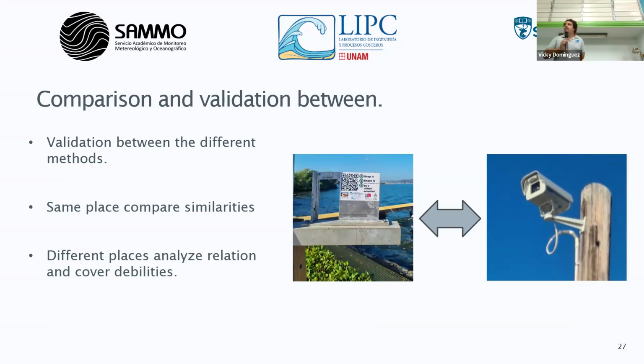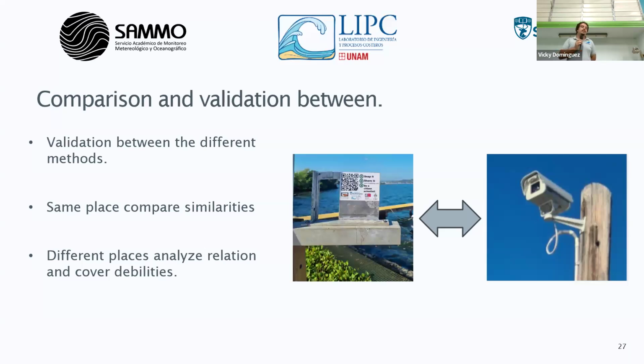What we want to do with this is a validation between the two methods. The camera and the CoastNav station are located on the same pole, so we will have a good enough image comparison between them, and at other places with the same setup we can compare the similarities and interpolate between each other.